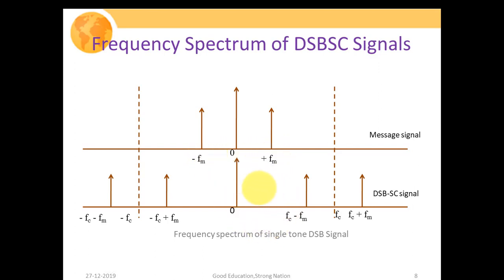After modulation, we have this sort of spectrum. The maximum frequency lies at fc plus fm and the lowest frequency lies at fc minus fm. This is our upper sideband and this is our lower sideband, and these two are the negative frequency counterparts of our upper sideband and lower sideband.